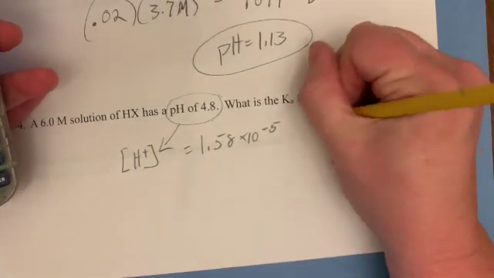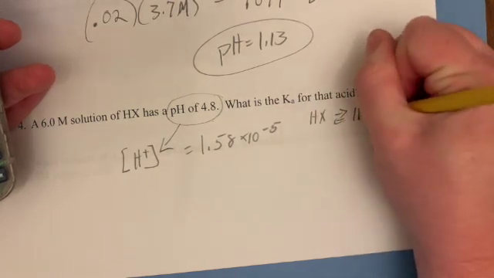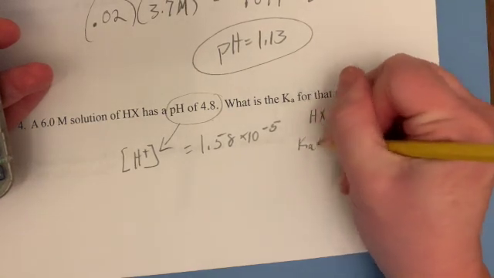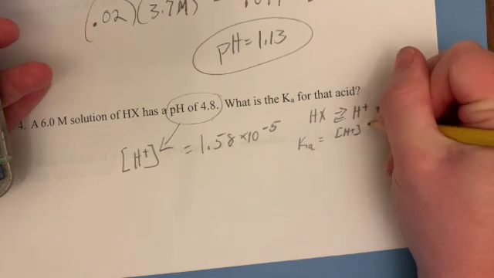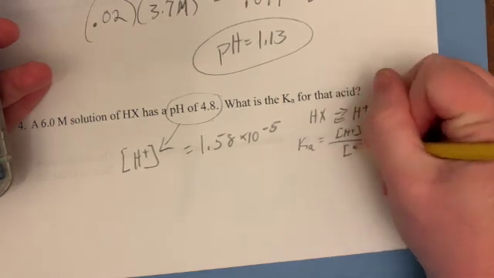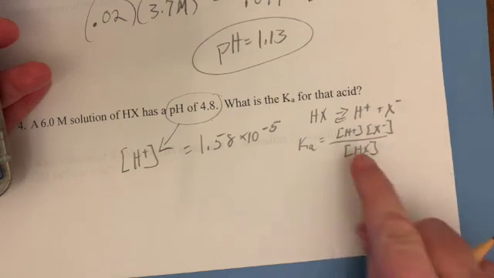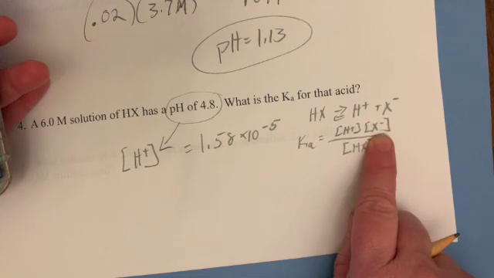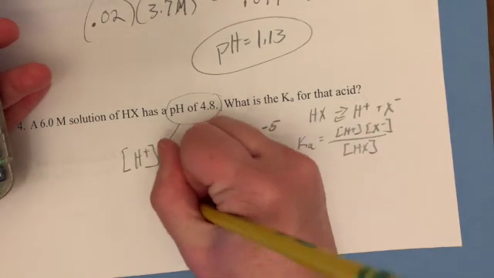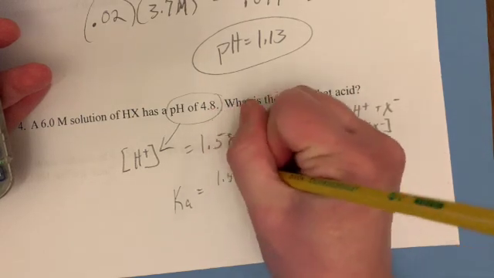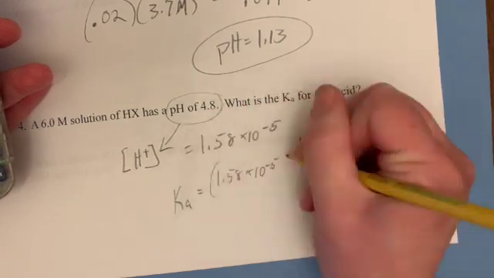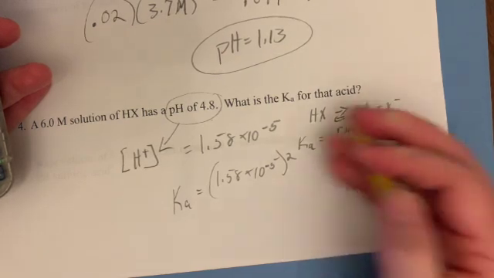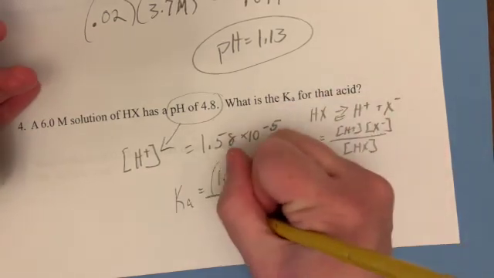Once you knew that, you can solve for Ka. So let's take a look over here. You have HX going into H plus and big X minus. You want the Ka expression for that. It is H plus times big X minus over HX. Well, you now know H plus because you knew the pH. Whatever H plus is, the negative ion is the same. So your Ka is going to be 1.58 times 10 to the negative fifth squared, because H plus and the big X minus are equal, over your original concentration, 6.